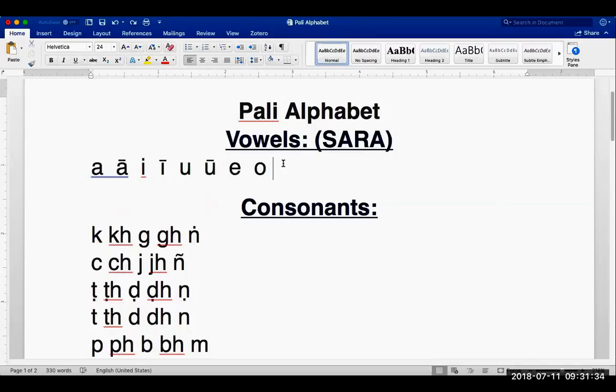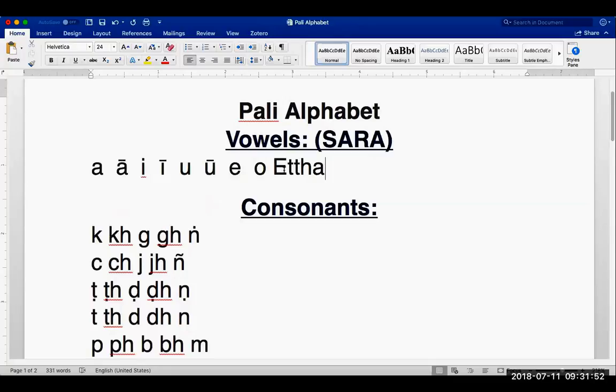I will type it here. You see this word: you have two consonants following.